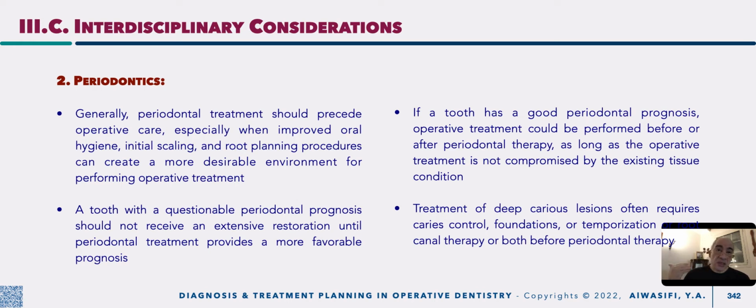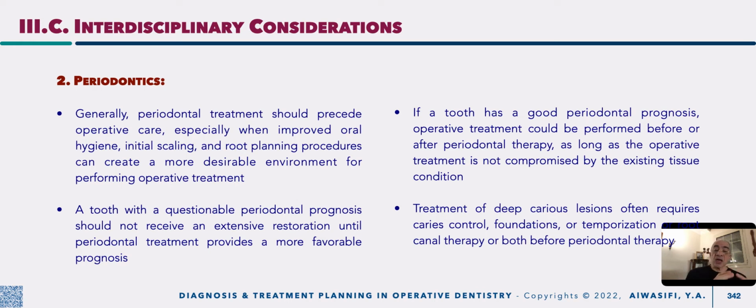As we discussed a few minutes ago, the success and the prognosis depend on how good your periodontal health is and how much your patient is following oral hygiene prophylactic measures. A tooth with a questionable periodontal prognosis should not receive any extensive restorative management until periodontal treatment provides a more favorable prognosis.